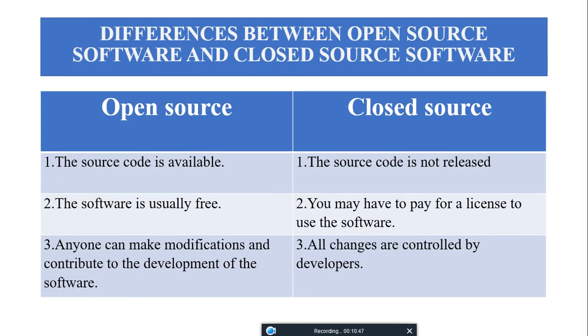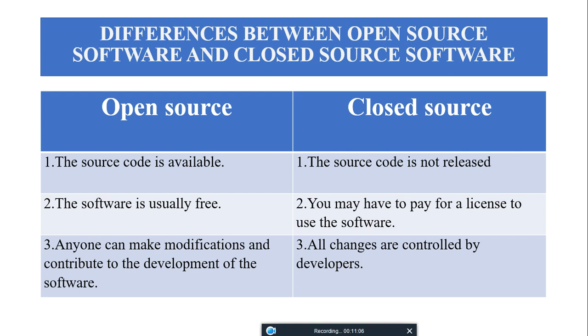The differences between open source software and closed source software are: 1. For open source software, the source code is available, but for the closed source software it is not released. 2.